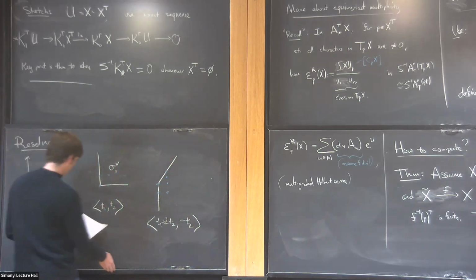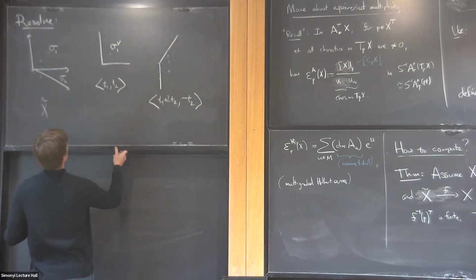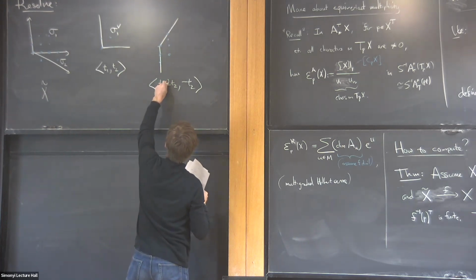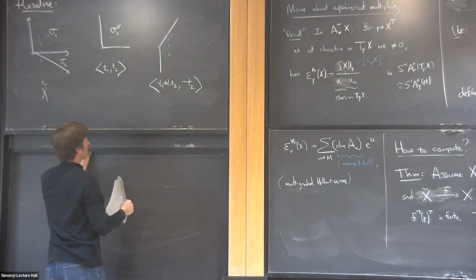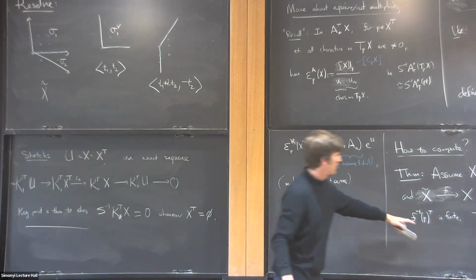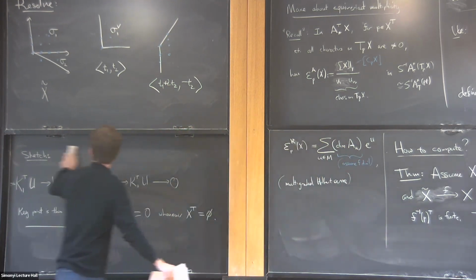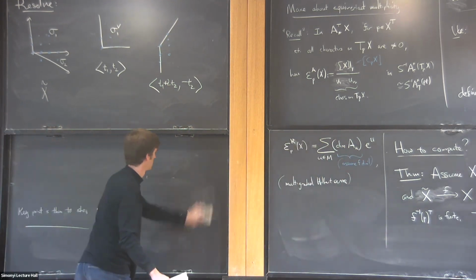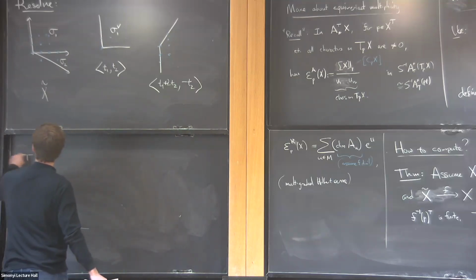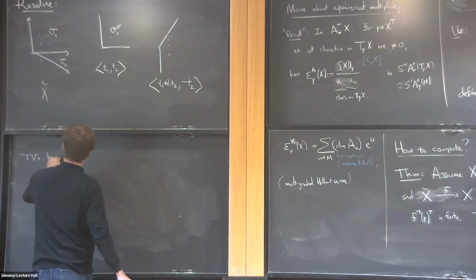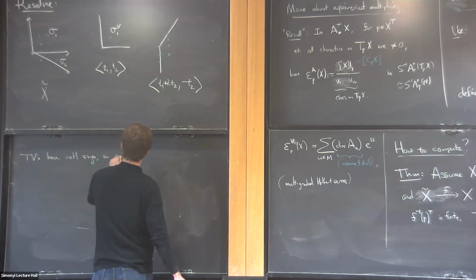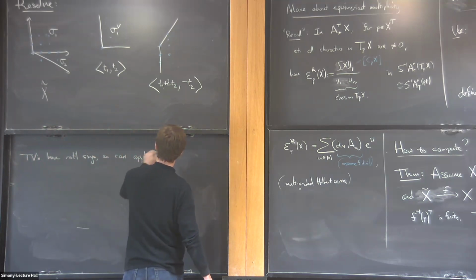And because these are smooth, each one of those patches is smooth, it satisfies the hypothesis of this theorem. Toric varieties have rational singularities. I can apply the theorem.